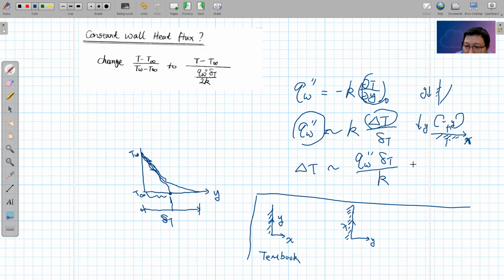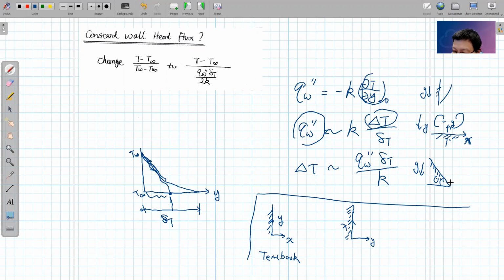I want some consistency between the cases. Also in some cases the wall is inclined, not the 90 degree perpendicular, but inclined with some angle, like theta here, and you have this g here.